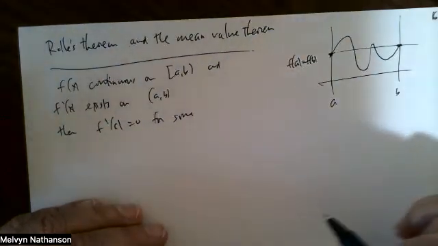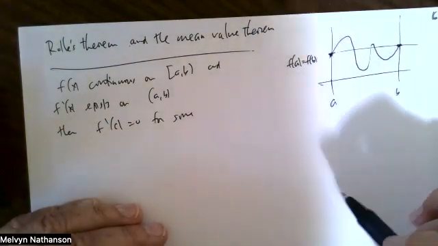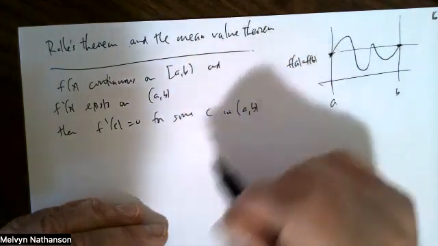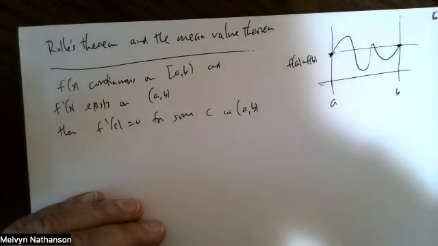So f prime of c is equal to 0 for some c in the open interval from a to b.